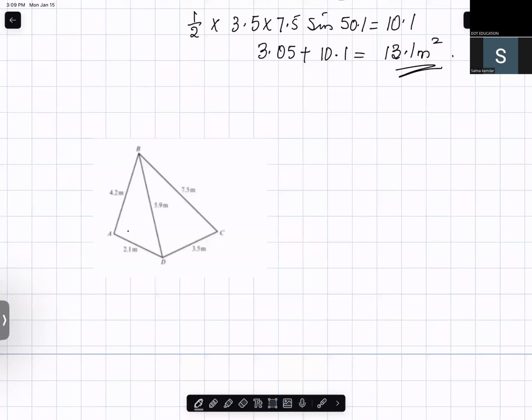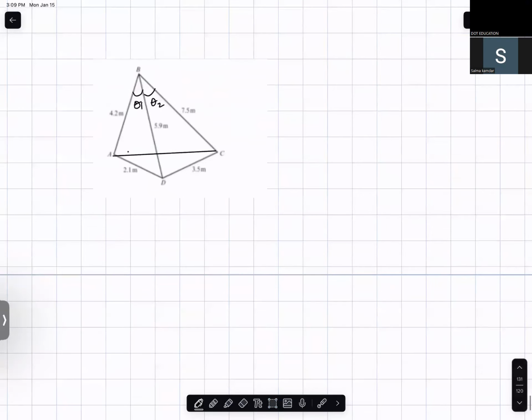So this is the diagonal we're looking for, and let me call these angles theta 1 and theta 2. Both angles will give me the entire angle at my diagonal.